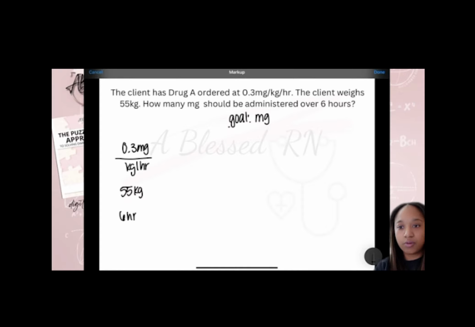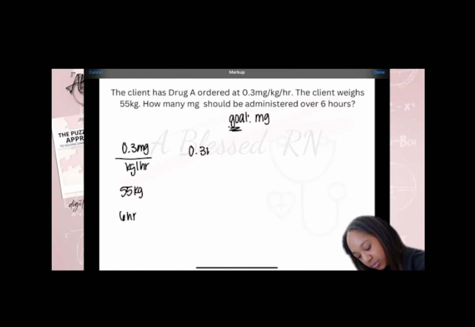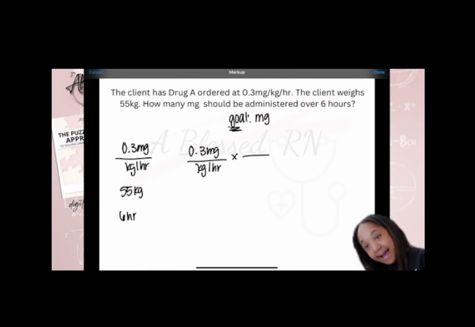Okay, so if we're looking for milligrams, which is your goal, that's what you want to start with, and you want it on top, and you want it first. So 0.3 milligrams per kilogram per hour. Now we have kg and hour that need to be canceled out, right?